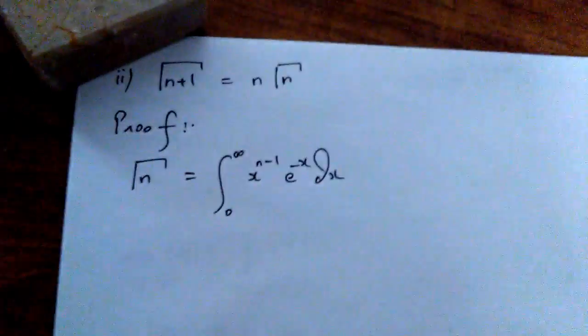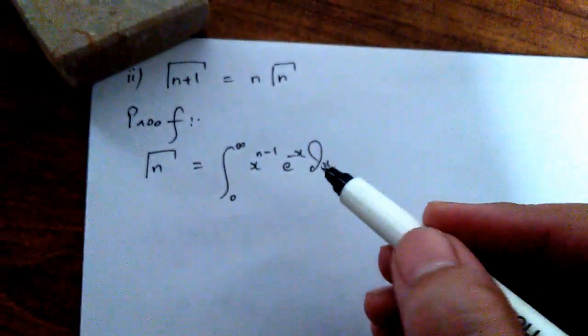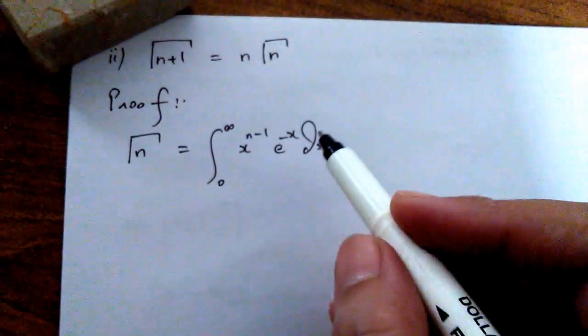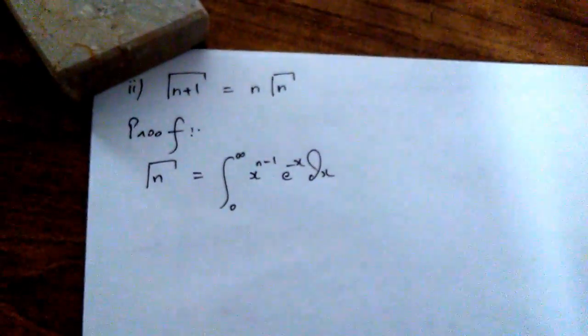So here you go, the next property, and now we are going to integrate in order to prove this property. We are going to integrate our gamma integral by parts.